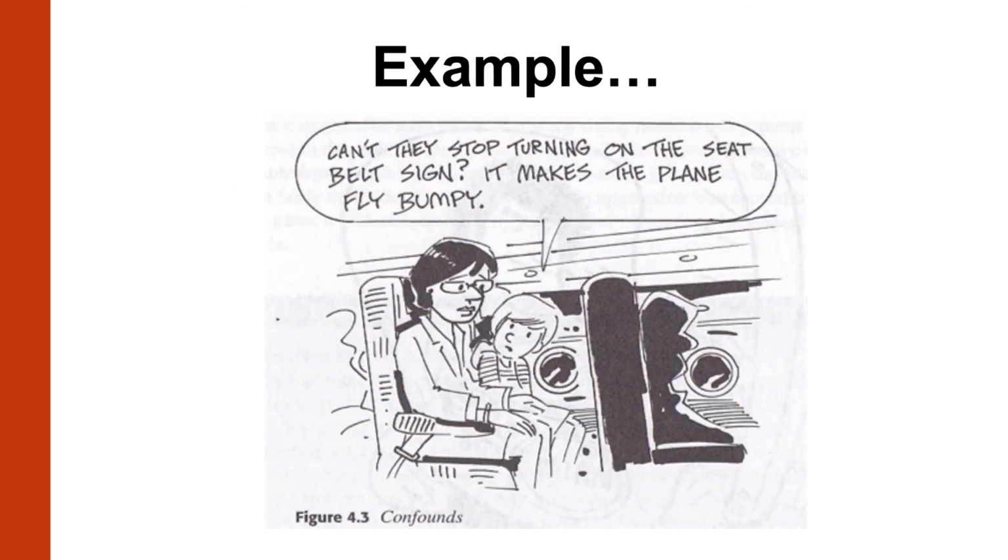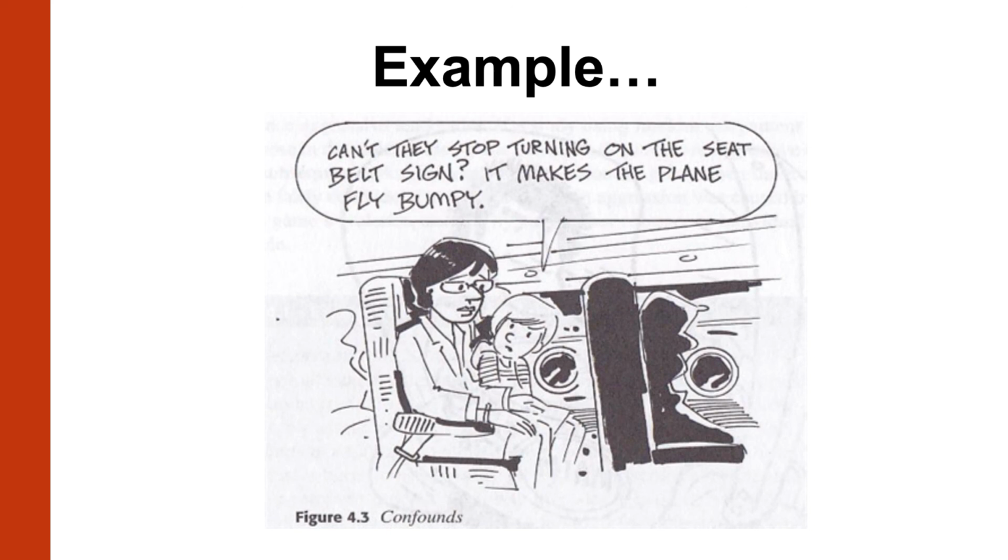Here's another example of a third variable. If you've been on a plane, you know that when the seatbelt icon lights up, it's likely that there's going to be turbulence on the plane. And this little kid has observed that every time that light comes on, the plane starts to feel bumpy. So he's associated, just because those two things happen at the same point in time, they must be causal.